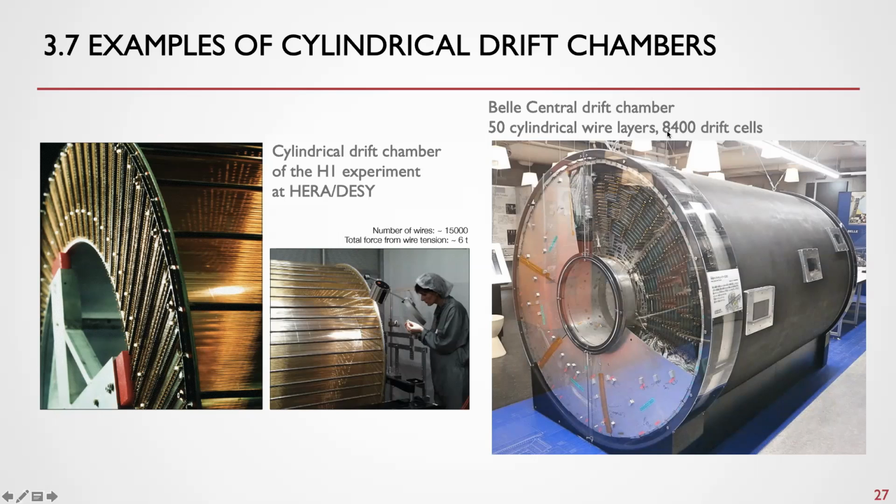The Belle 1 central drift chamber has been removed from the Belle detector because it's now replaced with the one for Belle 2. So here's a beautiful image. It has 50 cylindrical wire layers with 8,400 drift cells.